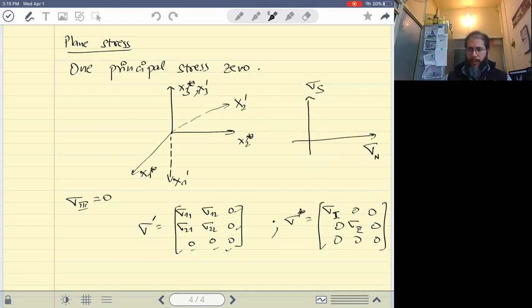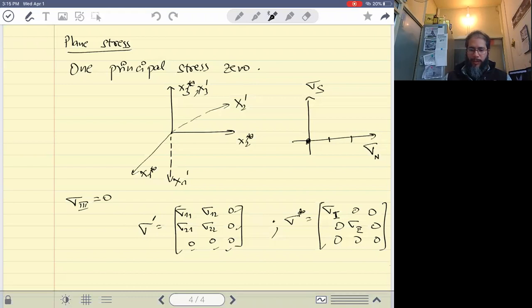Then we say that exactly one of the principal stress values is 0. That is it's here, and the rest two are non-zero. So we can have any case. I mean, we can have the rest two lying both on the right hand side, or we can have the rest two lying on the left hand side.